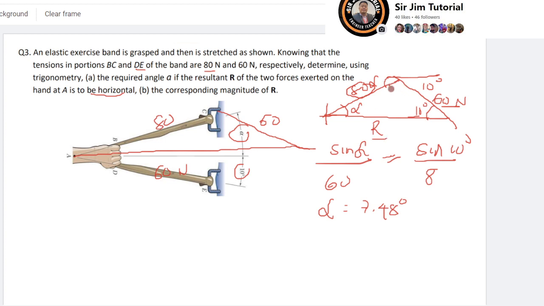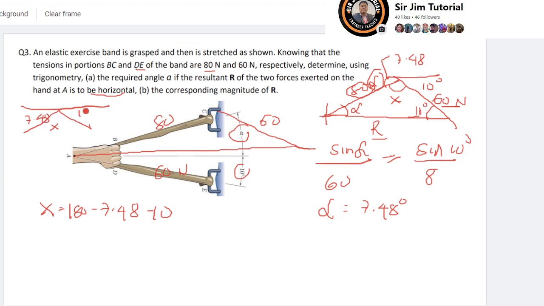Now how about the resultant? What is this angle, by the way? If this is alpha, which is 7.48, and this is 10, let us say this is angle x.